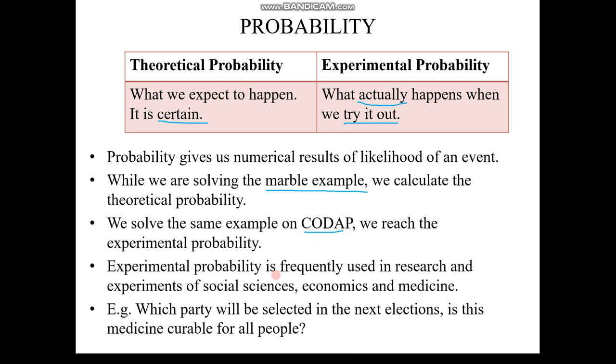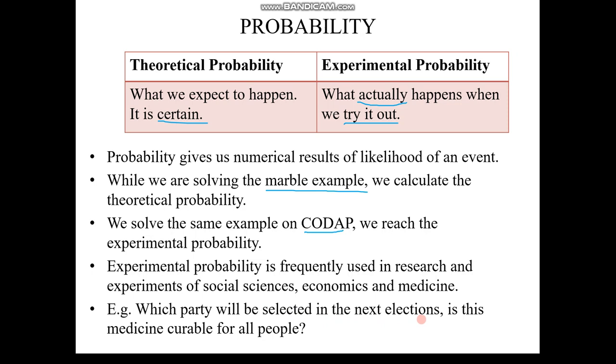And experimental probability is frequently used in research and experiments of social sciences, economics, and medicine. For example, which party will be selected in the next elections? Is this medicine curable for all people?